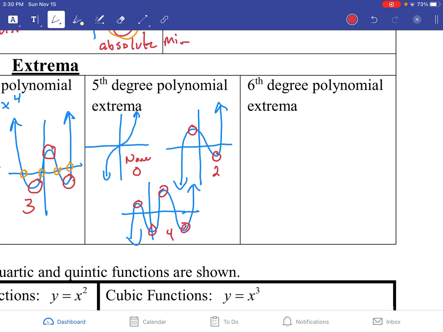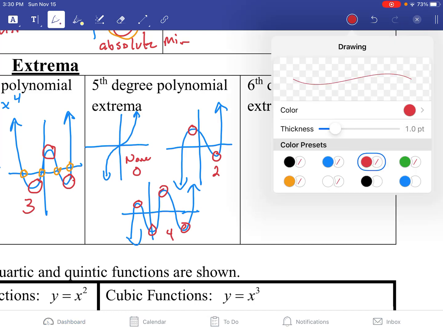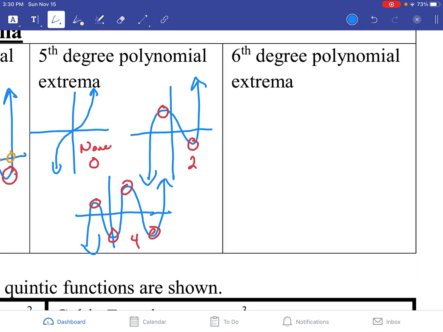Hopefully you're seeing some kind of pattern as we move through these. The last one is 6th degree.